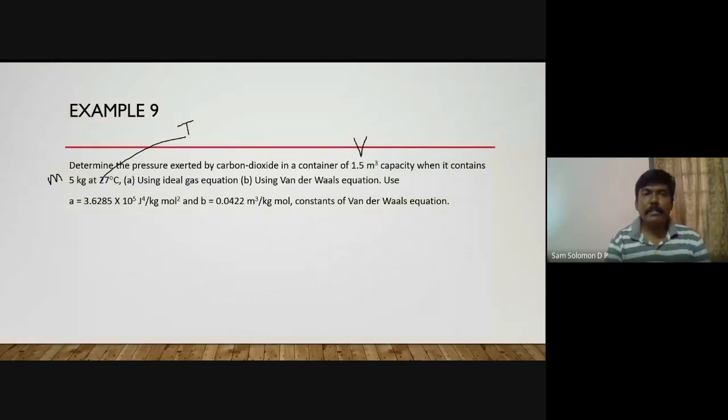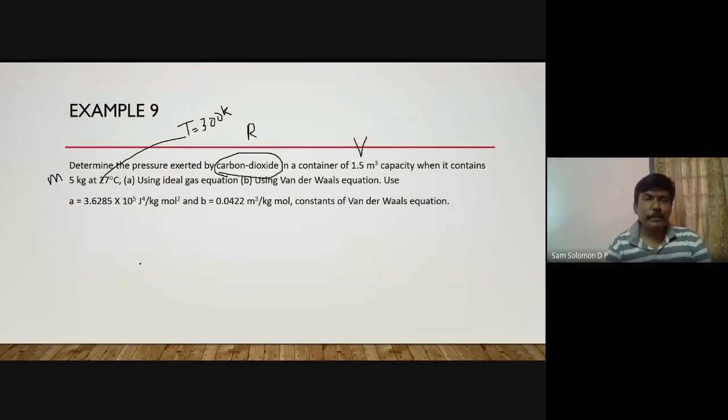If you add 273, you will get 300 Kelvin. And remember, the material inside is carbon dioxide, so R will be RU divided by molecular mass of carbon dioxide. You have to use the ideal gas equation of state and the Van der Waals equation of state and see what value you get for the pressure.